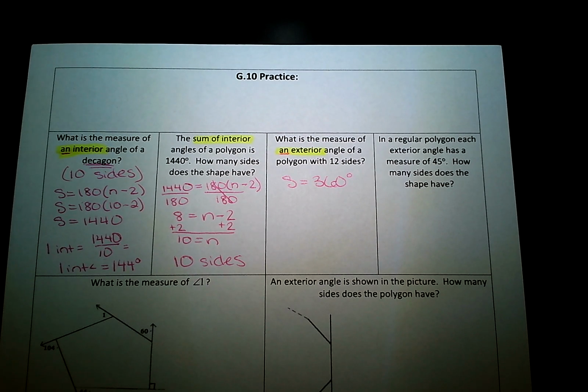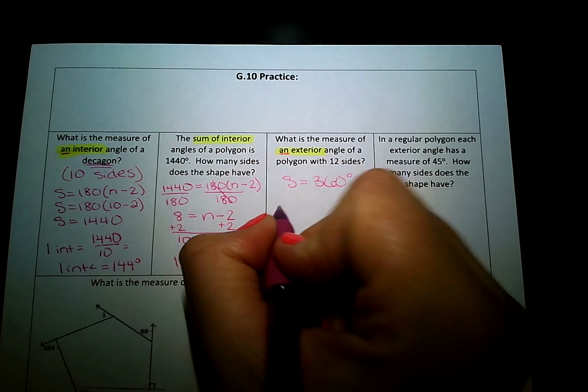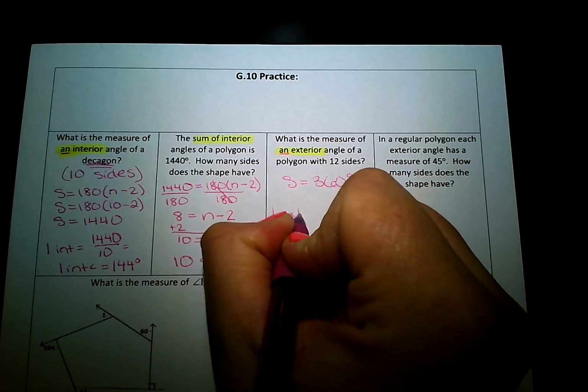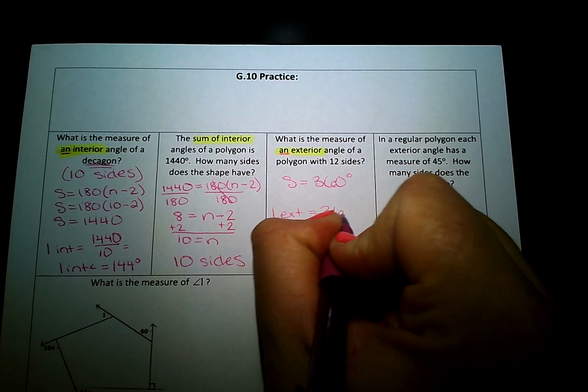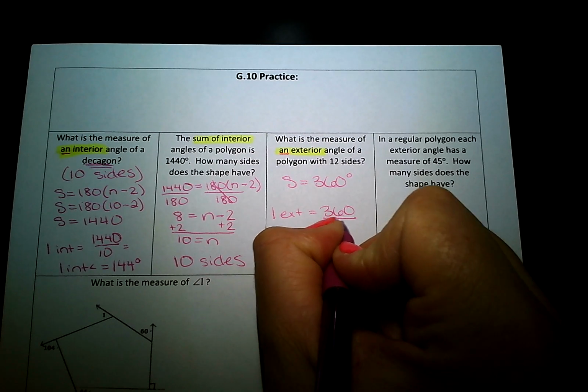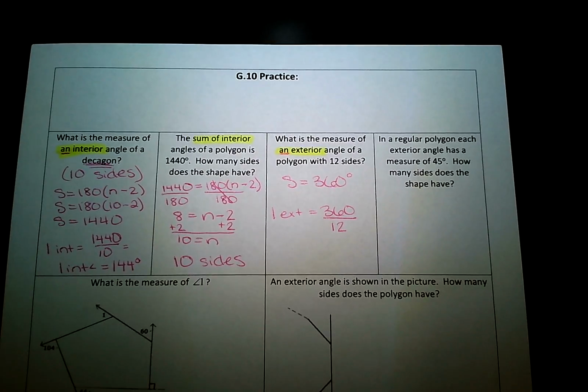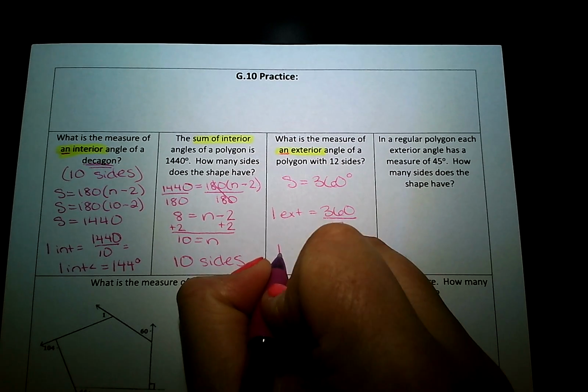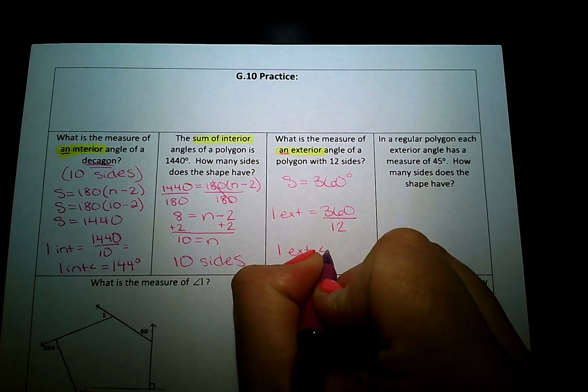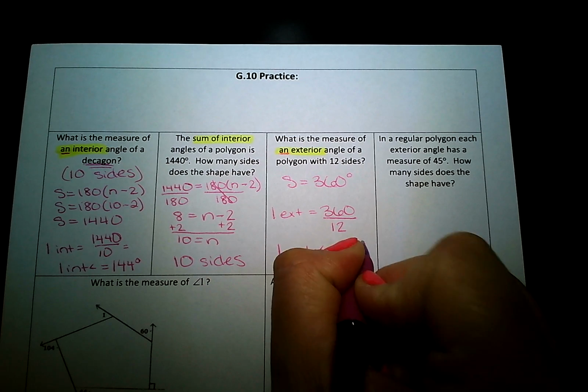Now, if this polygon has 12 sides, it also has 12 exterior angles. So one exterior angle is going to equal the 360 degrees split into 12 parts. 360 degrees divided by 12 is 30. So one exterior angle is going to equal 30 degrees.